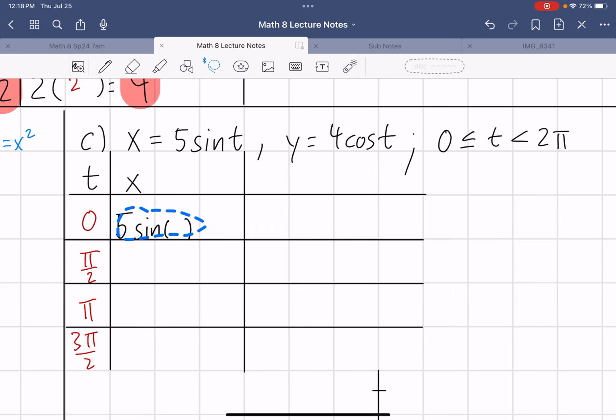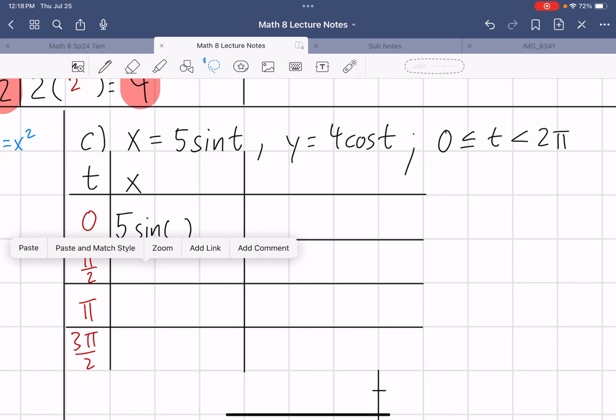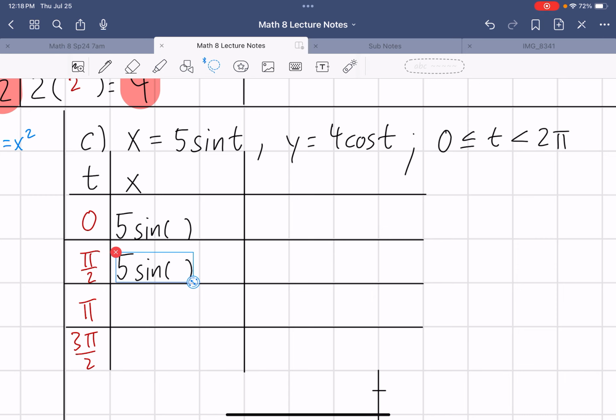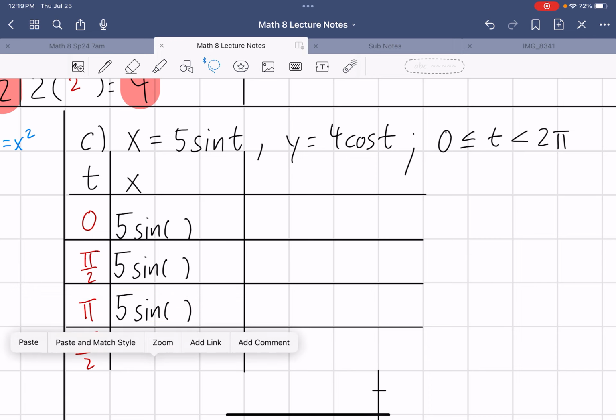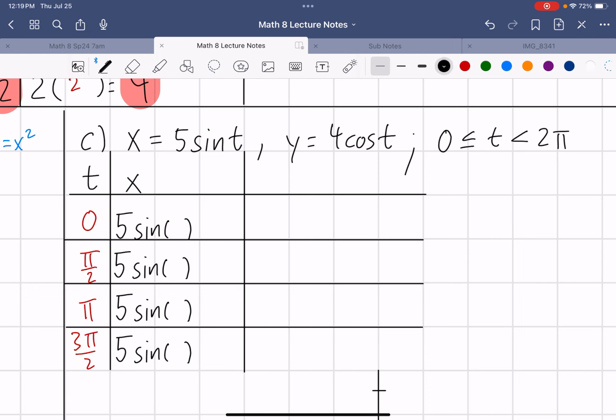So then I'll copy, so I can just paste, make it quicker, instead of writing each one of them out. So 0, pi over 2, pi, 3 pi over 2.